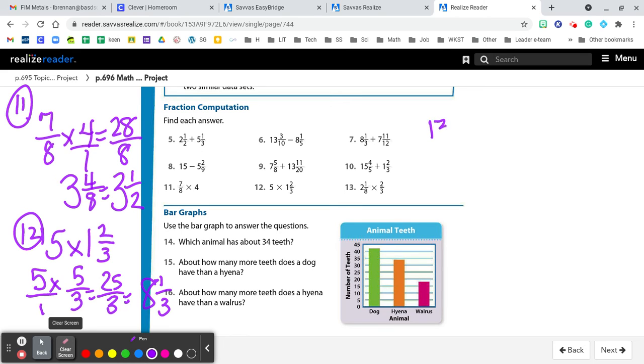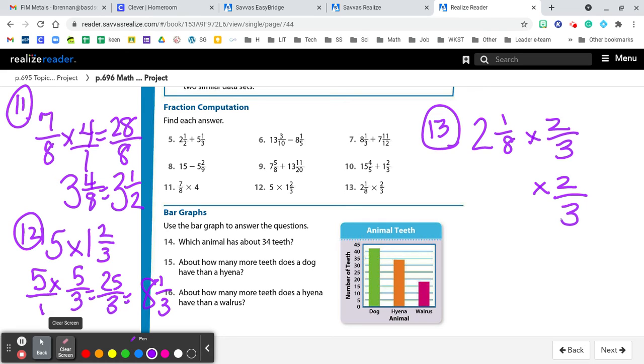And my last problem, number 13, 2 1/8 times 2/3. 2/3 looks good. I will turn my mixed number into an improper fraction. Remember, I do 8 times 2 is 16 plus 1 is 17. And now I can multiply.